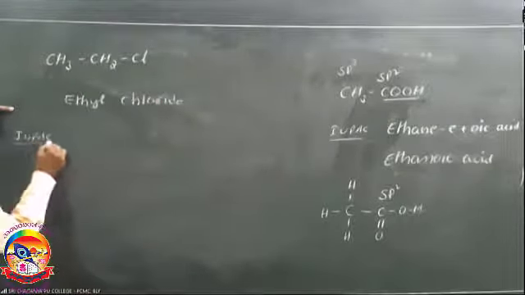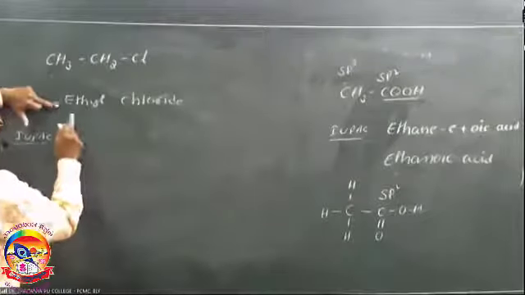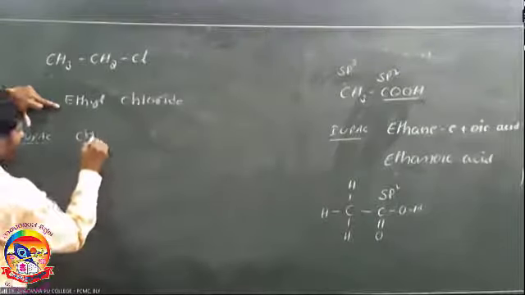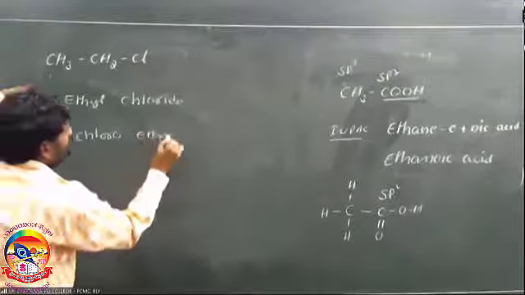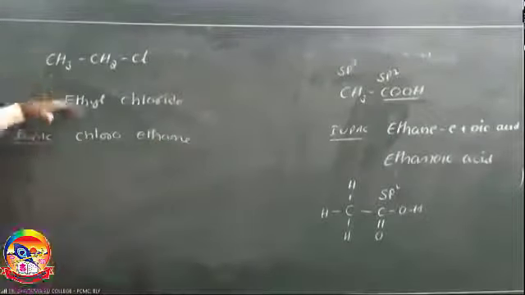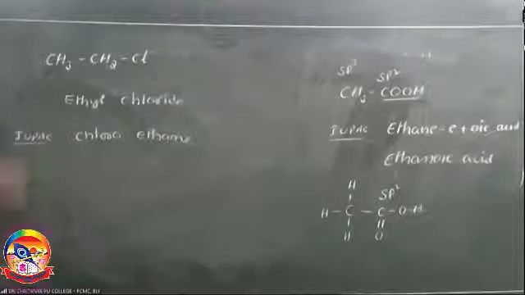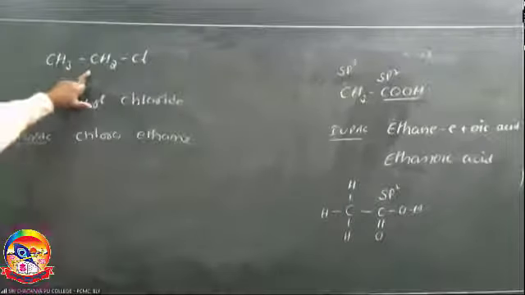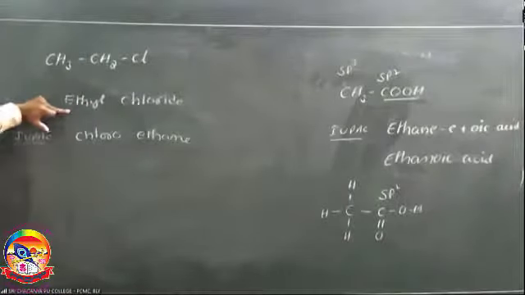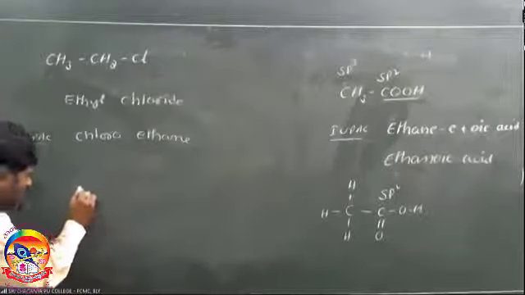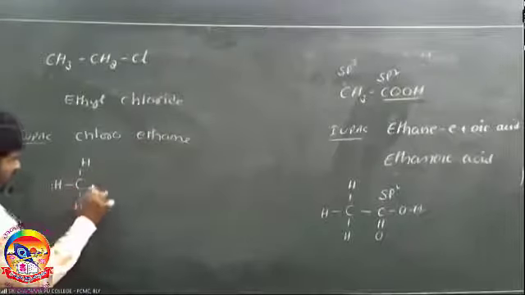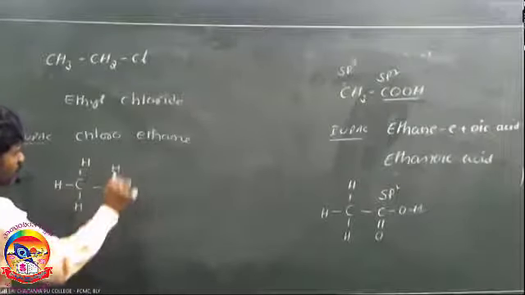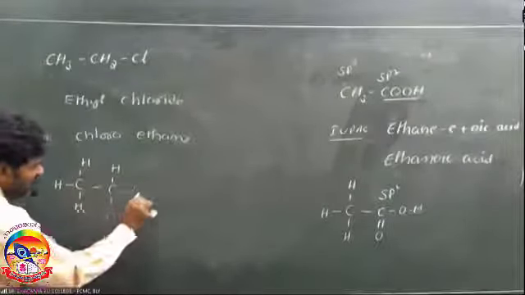The IUPAC name of an alkyl halide is haloalkane. So, the IUPAC name is chloroethane. Commonly, it is called ethyl chloride. So, what is the hybridization of carbon atoms in ethyl chloride? The ethyl group means CH3, next CH2, next Cl.